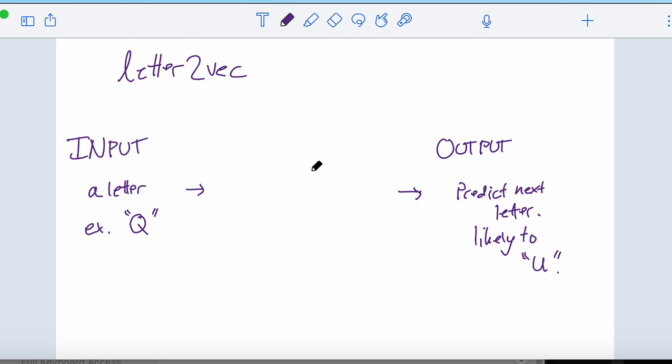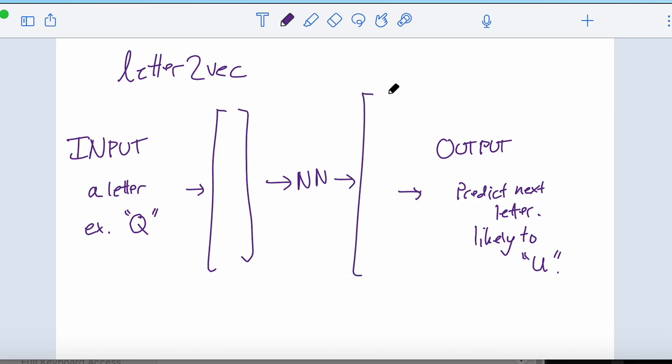Then it goes into the neural network machine, and it comes out as a vector of size blank. So this is the input vector, and this is the output vector.